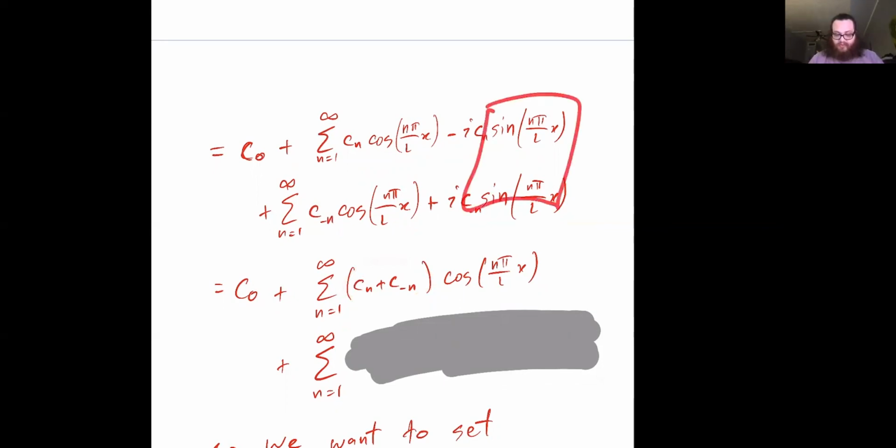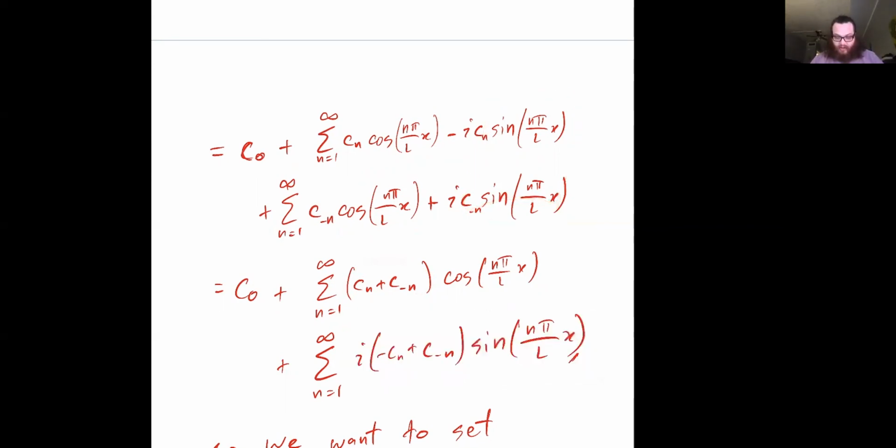Now, if we do the same thing with the sine terms, what we're going to end up with is this expression. It's a little more complicated, but that's okay. The i and the sine are common to each of these pieces. So if we pull those out, we're going to be left with c sub minus n minus c sub n.